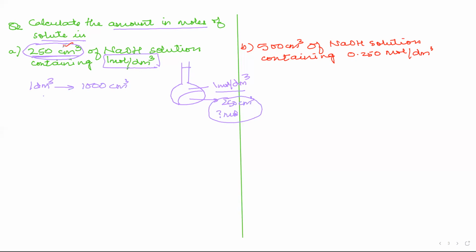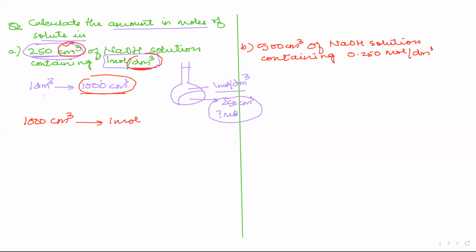We are taking 250 cm cube, and here we are talking about 1 dm cube. There is a mismatch in the unit. So we will convert this 1 dm cube into 1000 cm cube, so that both the units remain the same. So instead of 1 dm cube, I write that 1000 cm cube will have 1 mole.